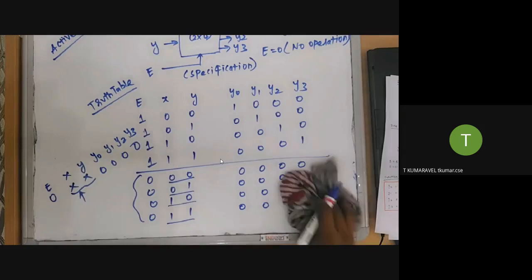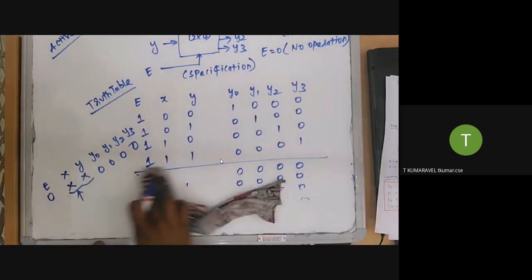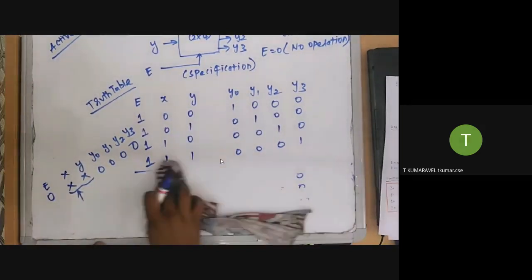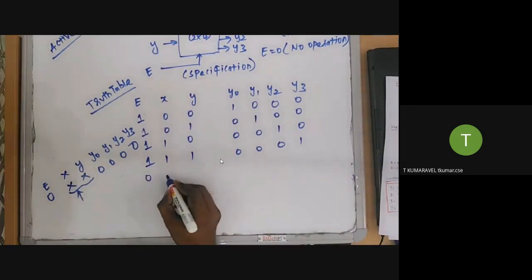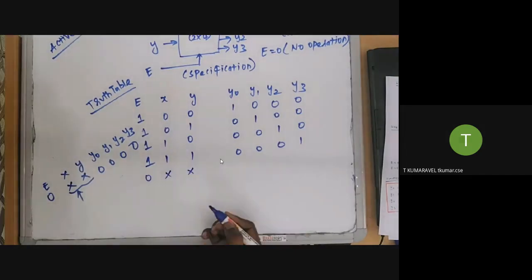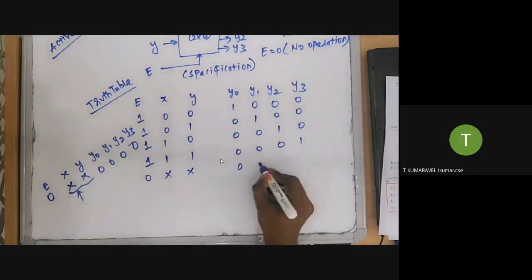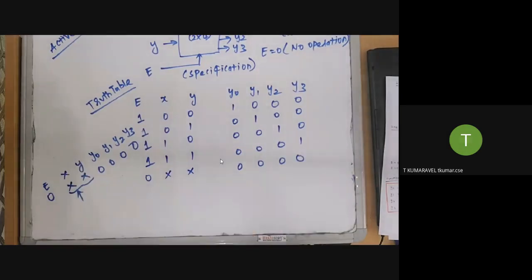So instead of that, I'm going to write the table like that. My enable line is 0. The input combination, whatever it may be, the output is 0.